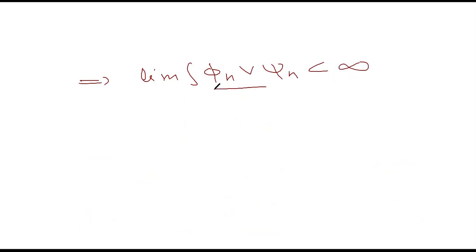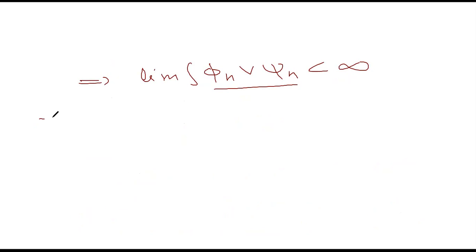So this means that the limit of the integral of phi n join psi n is finite, and the limit of this we can see is f join g. Its integral is finite. The limit of the integral is finite.